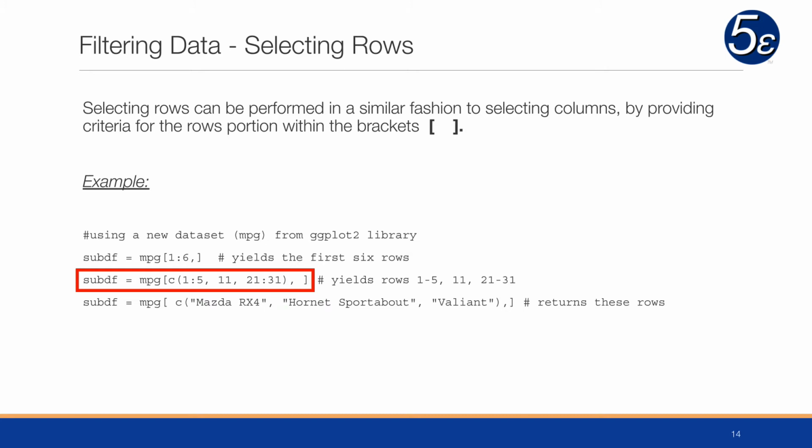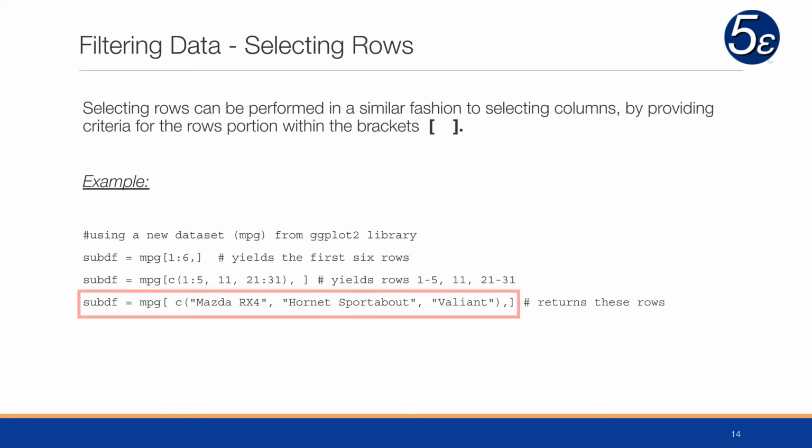This will yield rows 1 through 5, row 11, and rows 21 through 31, and all the columns of those rows. Similarly, if our data frame has row names, we can actually select those by doing MPG bracket C, the "Mazda RX4" in quotes, the "Hornet Sportabout" in quotes, and the "Valiant" in quotes, and it will return those rows.